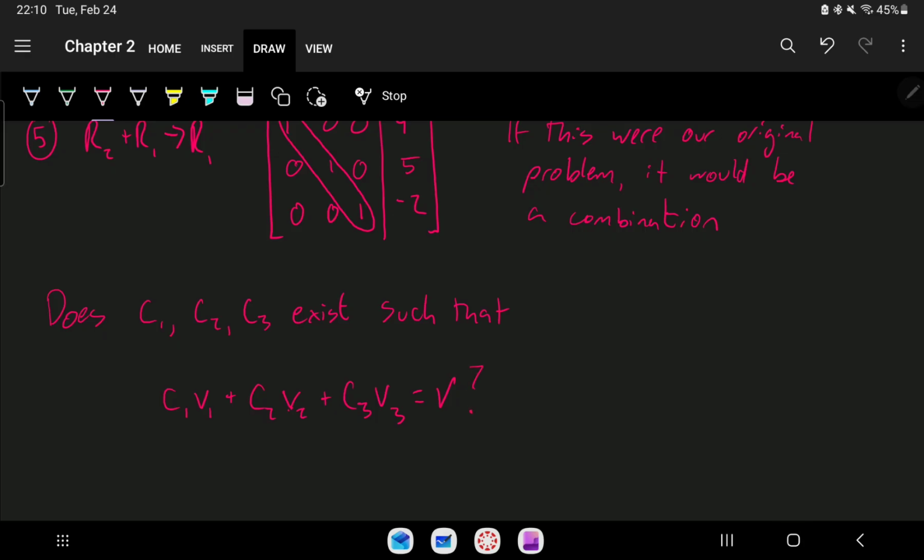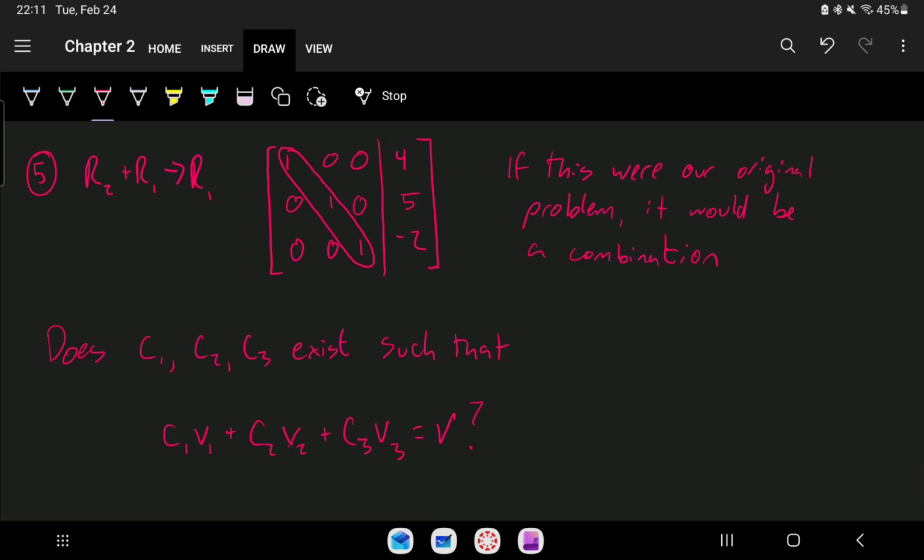I know I already said that, but again, the more that you actually put this into context, the more you remind yourself that's what we're doing here, the faster that this is going to click for you, right? And in this case, well, yes, it does, because this column is C1, and then this column is C2, and this column is C3.